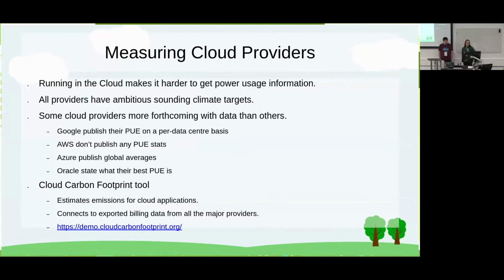Yes. So Google publish on a per data center basis. AWS don't publish at all, which is not good. Azure publish global averages, and Oracle state what the best one is. So in terms of intercomparison of those, they are all completely different things that can't be compared, which is maybe why they do it. I don't know.